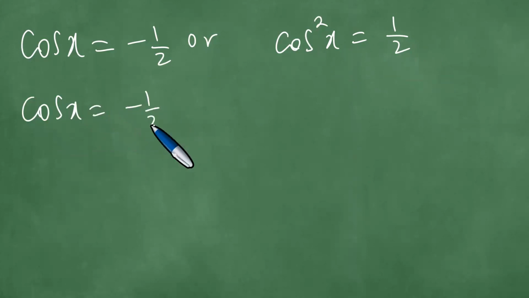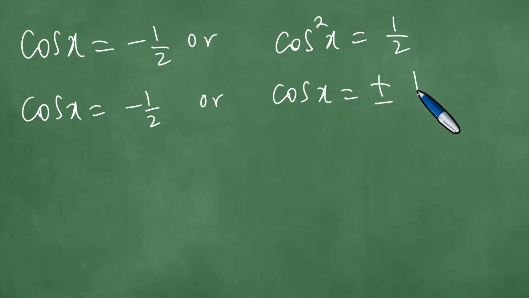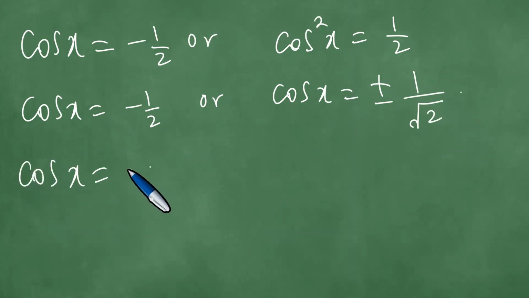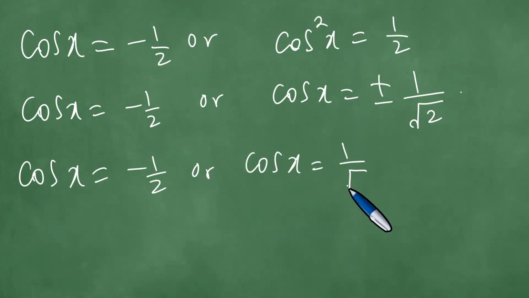So cosine x is plus or minus the square root of 1/2. Cosine x is 1 over the square root of 2, or cosine x is minus 1 over the square root of 2.